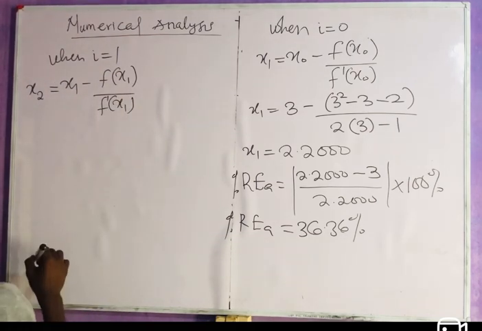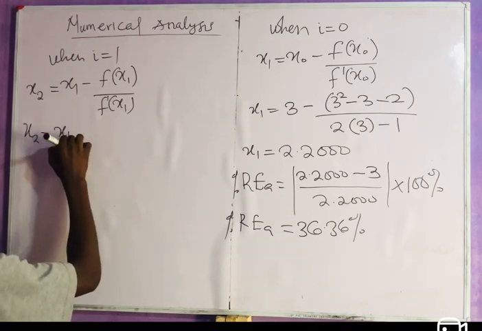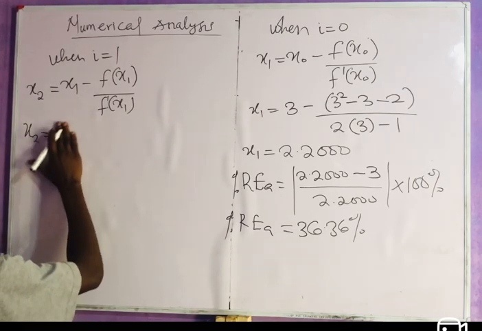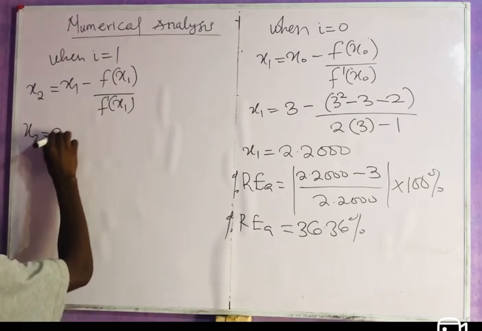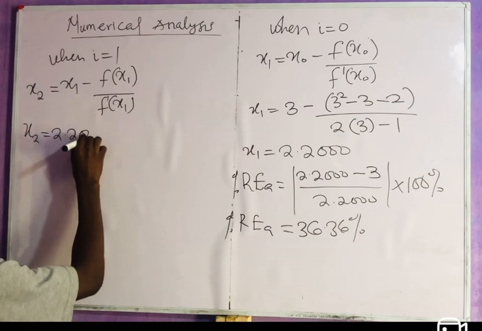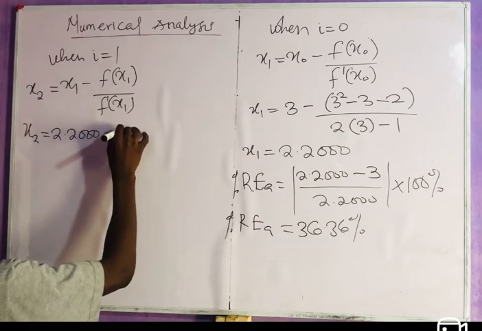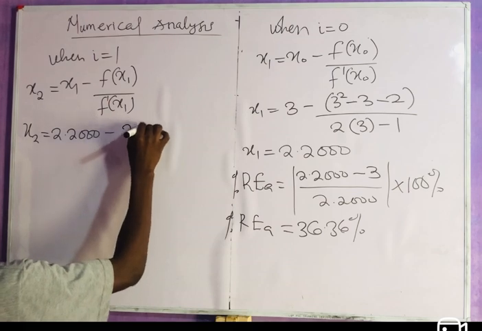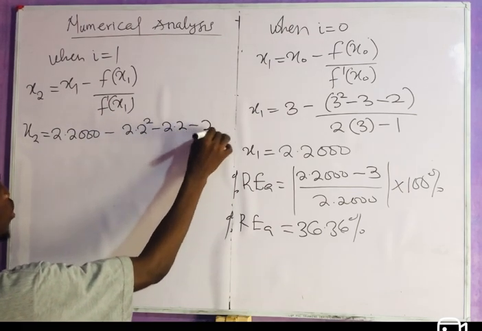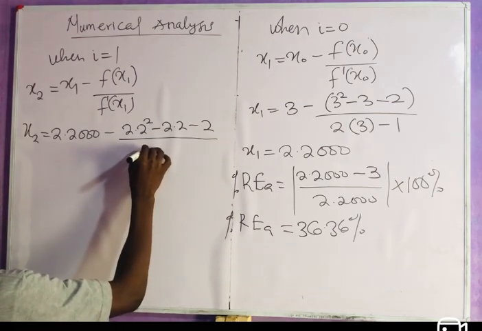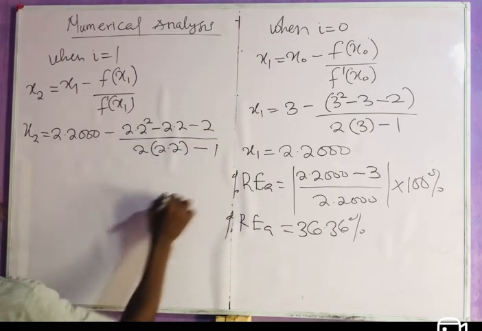So our x1 is 2.200 minus, that will be 2.2 squared minus 2.2 minus 2 all divided by 2 multiplied by 2.2 minus 1.